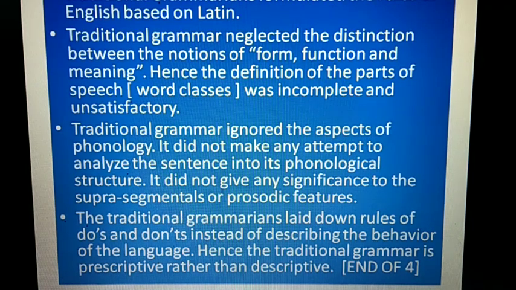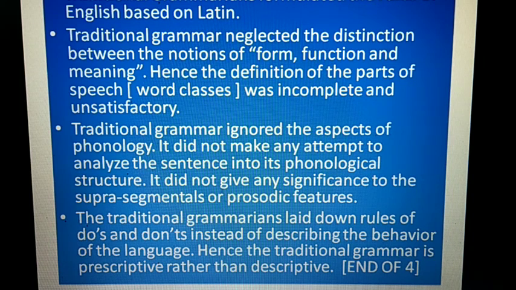So traditional grammarians looked at a sentence, okay, the sun rises in the east. When they look at that, it is just the sun rises in the east. They never think about a possibility like the sun rises in the east, with a different tone. The tone is very crucial there.